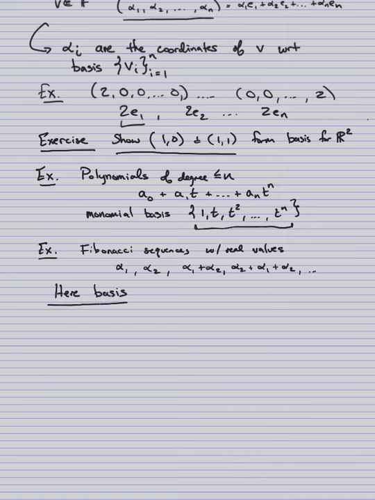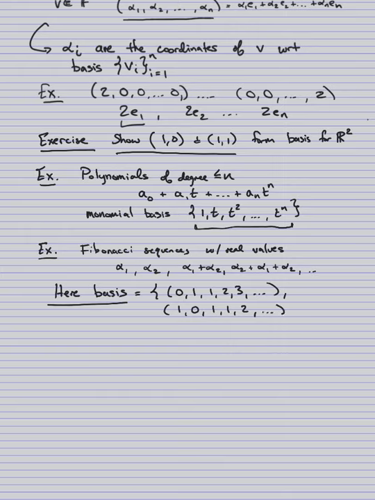Here, again there's plenty of choices for a basis, but one of them is to take the Fibonacci sequence 0, 1, 1, 2, 3, and so on, and the Fibonacci sequence 1, 0, 1, 1, 2, and so on.